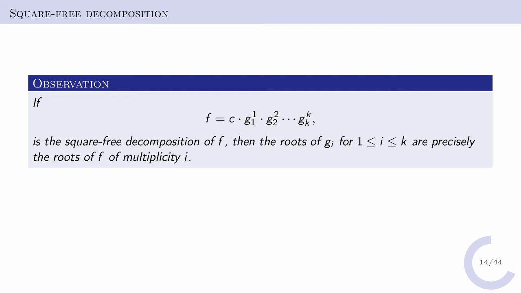So if f has a root of multiplicity 1, it must be a root of G1. If f has a root of multiplicity 2, then it must be a root of G2, because that's the only place where the roots appear with exponent 2. And so on. If f has a root of multiplicity i, then it must be a root of Gi.